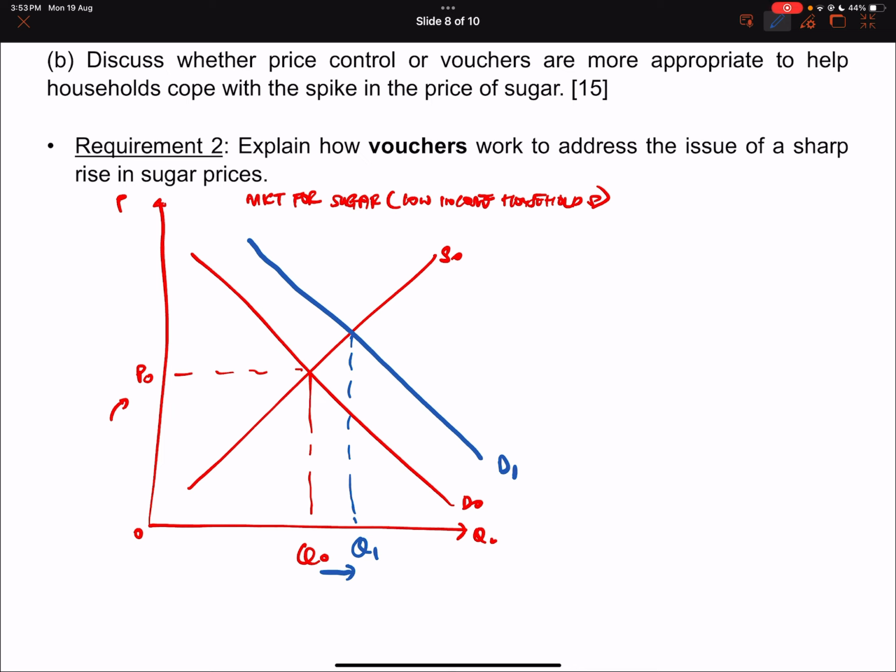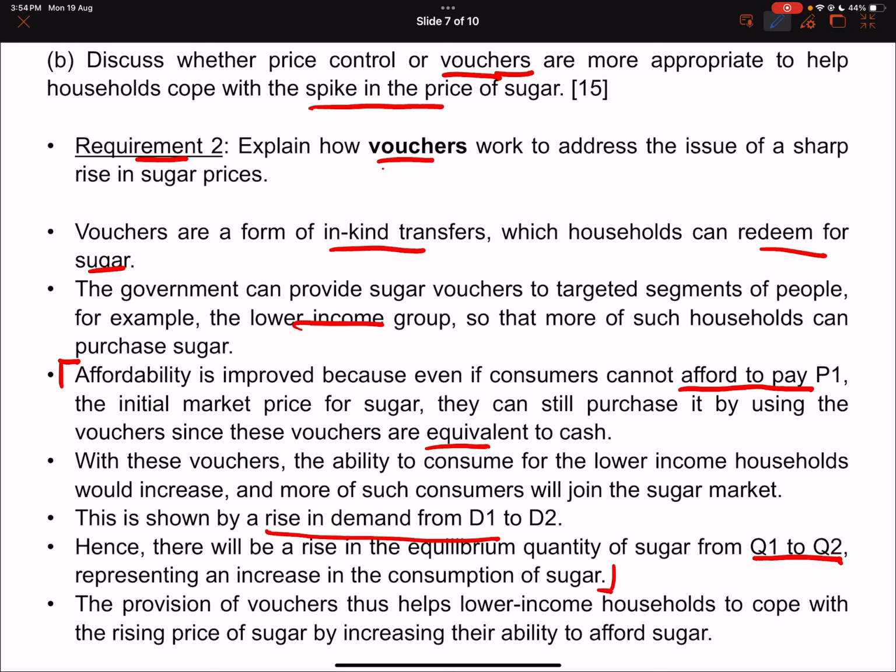Right? Of course, you have a corresponding price of P1 instead. So previously, only Q0 low-income households could buy the sugar, but now Q1 low-income households can buy the sugar, right? Which is here. So Q1 to Q2 in this case. Yeah, so you just relabel it.